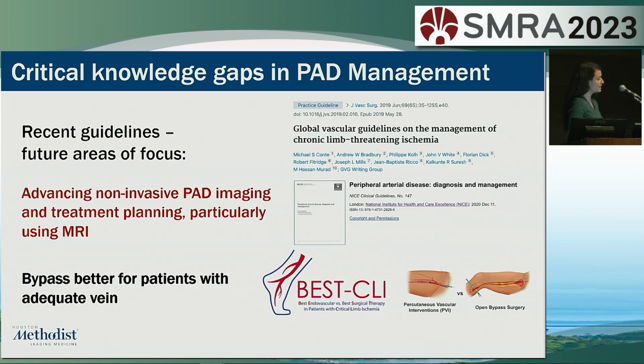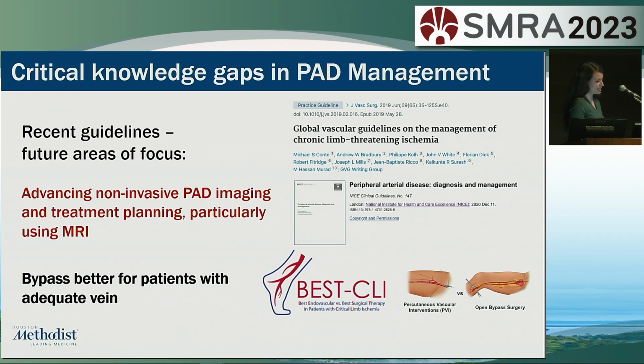The recent BESCLI study also showed that bypass surgery is usually better for patients with an adequate single saphenous vein, which called the usual endovascular first approach into question.